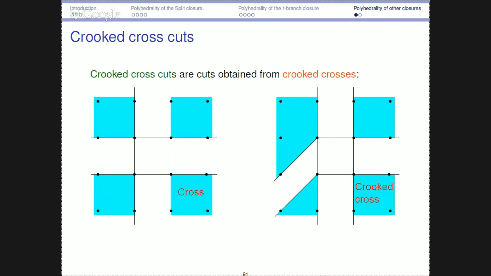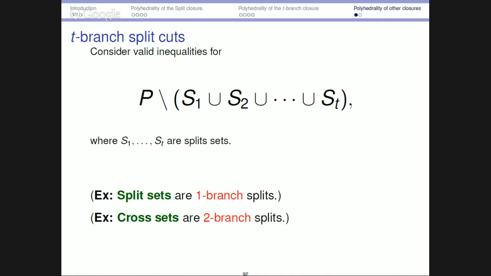That is actually given by 3 splits: this split, this split, and this split. But you don't consider 2 extremes. Why do you do this, and why complicate things? Because these cuts are stronger than the ones given by these crosses, and you need stronger cuts in order to solve your IP. T branch splits, you already know, are this union of splits.